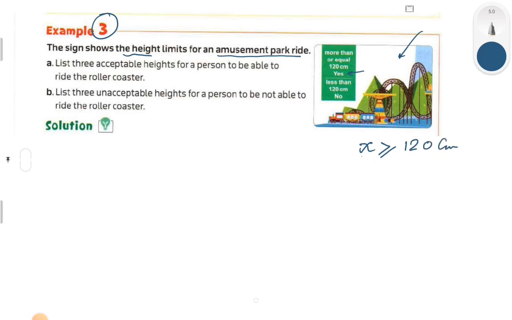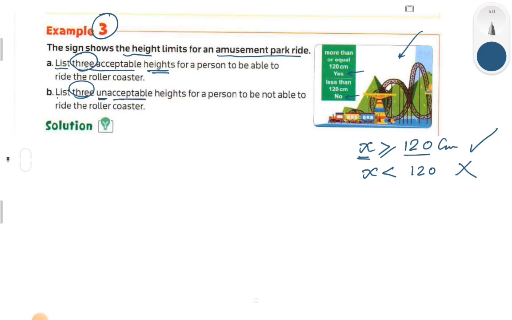So the height accepted will be greater than or equal 120. If x less than 120, no. But this is okay. Now list three acceptable heights. Here list 3 unacceptable heights.